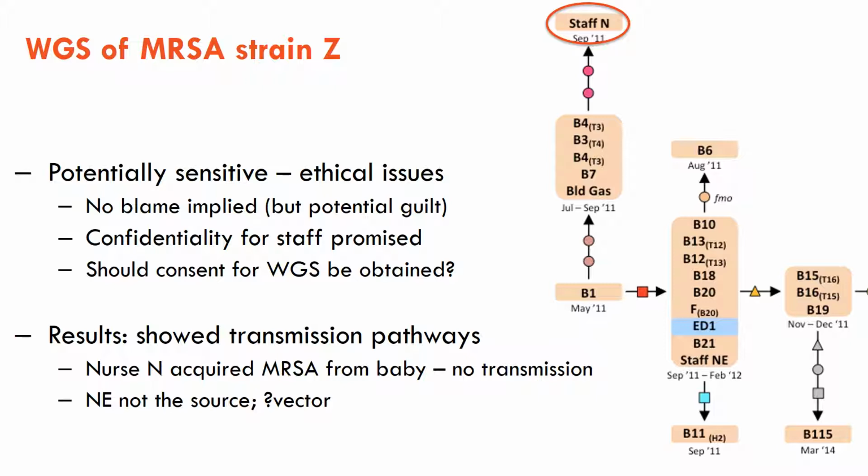And it's possible that she spread this strain unknowingly during the 10 months while new babies were becoming colonised, particularly since the outbreak stopped abruptly after her infection was treated. However, it's also quite likely that at least some instances of transmission were due to the contaminated hands of other staff members who had not been identified by screening either.